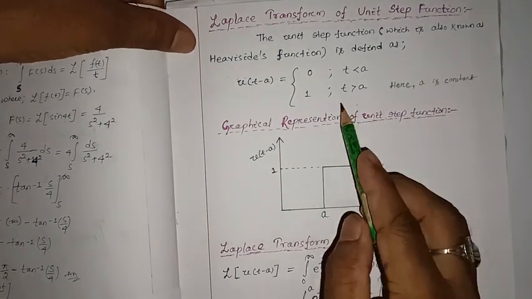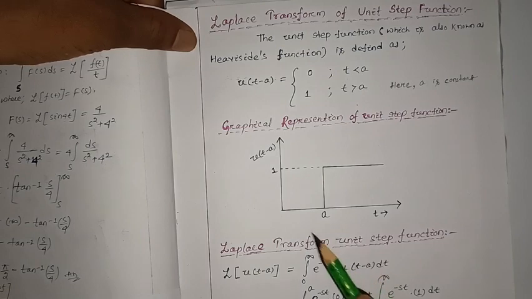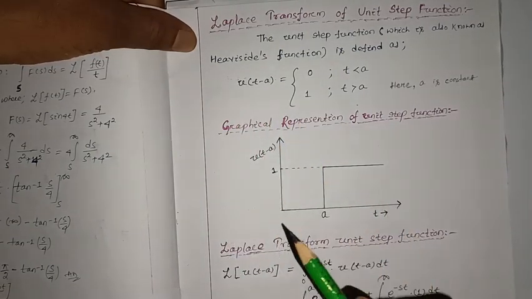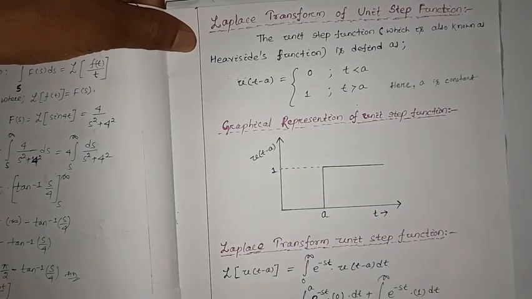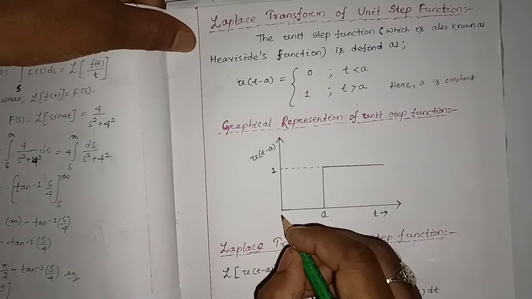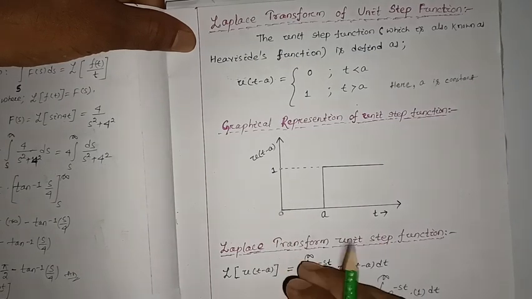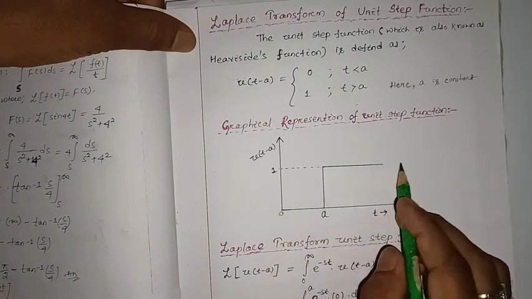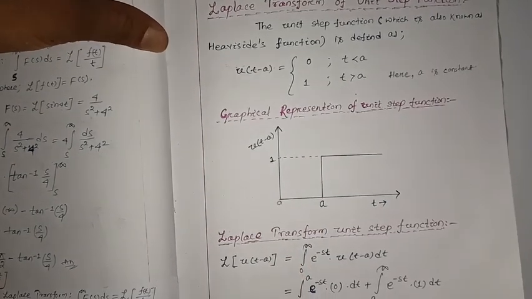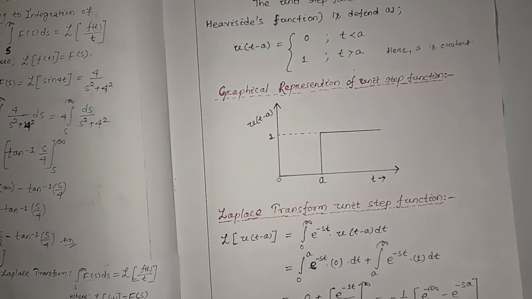From t equal to a onwards, the value is 1. So below a it is 0 and above a it is 1. This is the typical graphical representation of the unit step function.